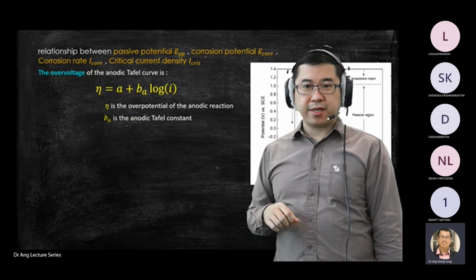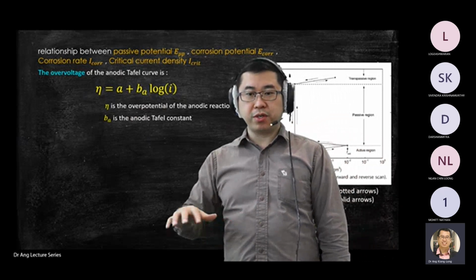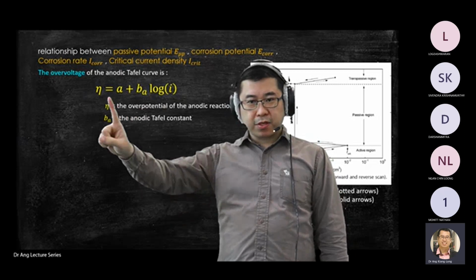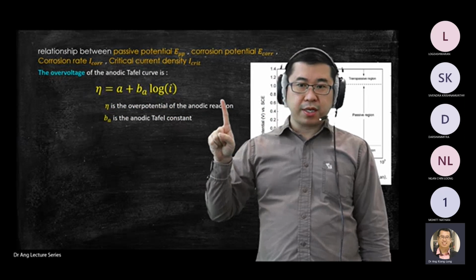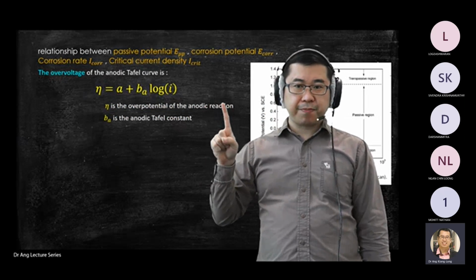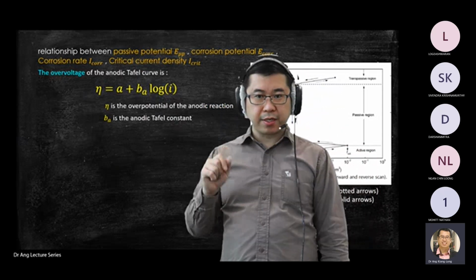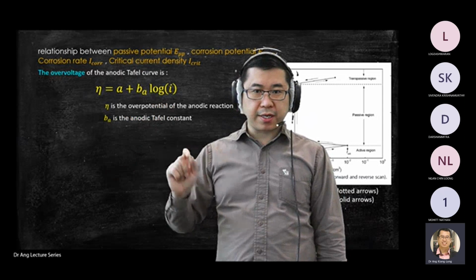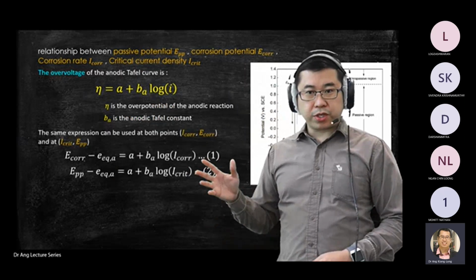Why anodic? Because in the Tafel equation, they are more interested in the corrosion rate. So the left-hand side is the overpotential voltage that triggers the corrosion reaction, anodic, and B is the anodic Tafel constant.